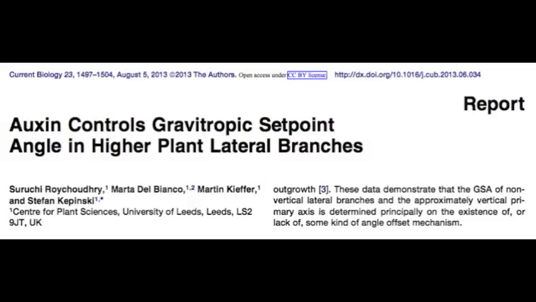And we also looked at a range of mutants, and if mutants had either higher levels of Auxin or greater sensitivity to Auxin, then we found that their lateral root and shoot branches were more vertical, and the reverse is true for mutants that are either at lower Auxin levels or lower sensitivity to Auxin. Their branches were more horizontal.